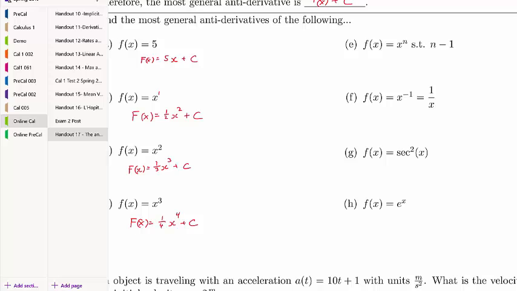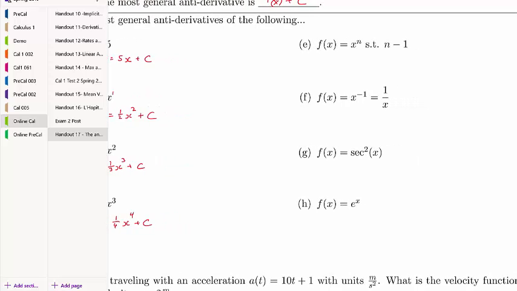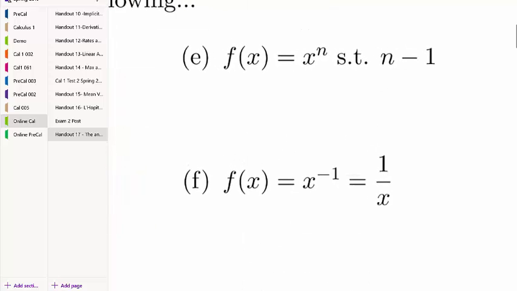If you take the antiderivative of x to the n, where n does not equal -1, this guy goes up by 1, right?